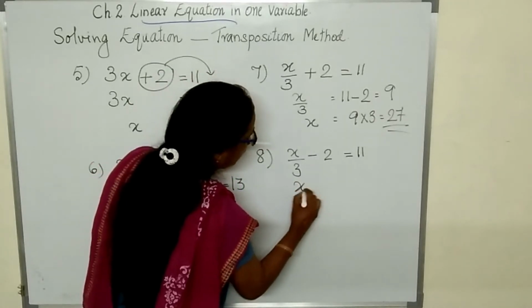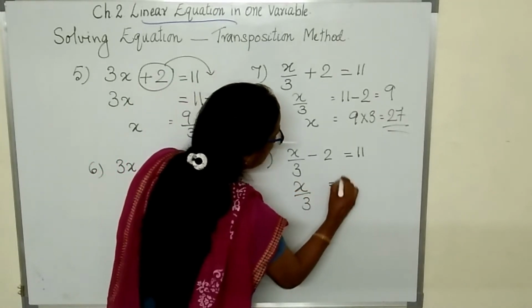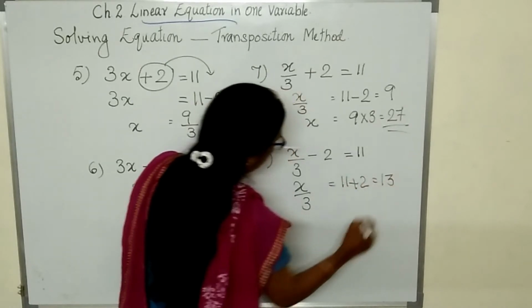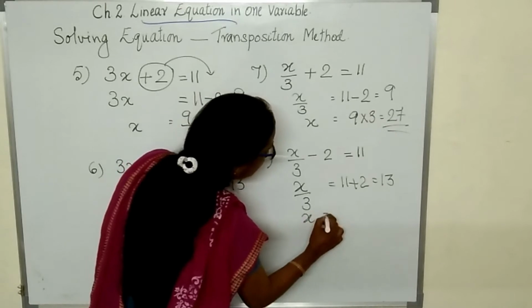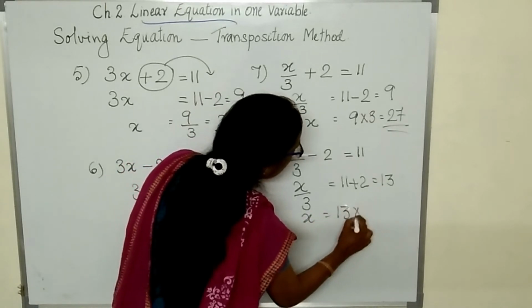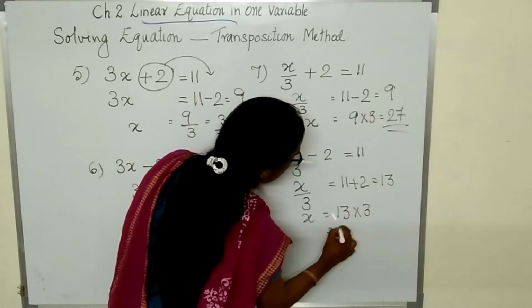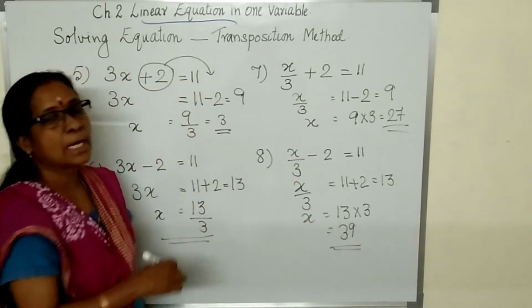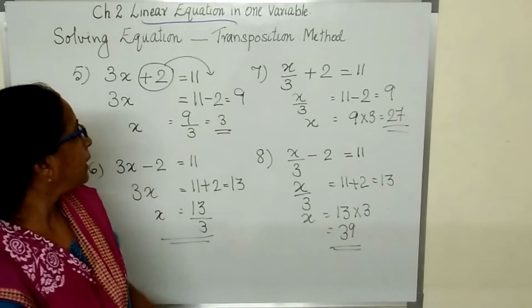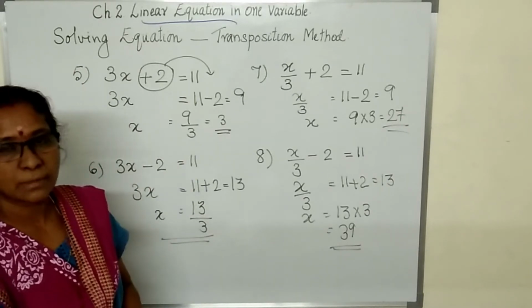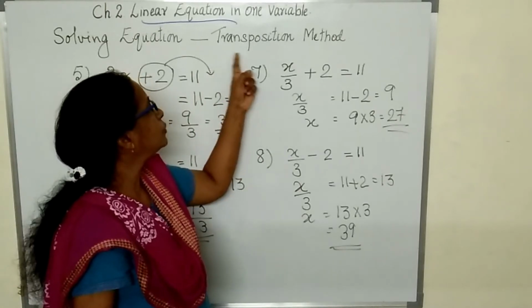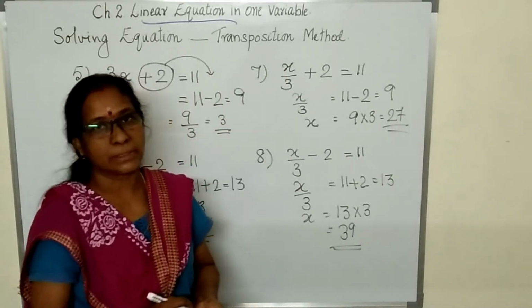So x upon 3 is equal to 11 plus 2, that is equal to 13. And x is equal to 13 multiplied by 3, which is equal to 39. These are the different types of equations, and we learned how to solve them using the transposition method.